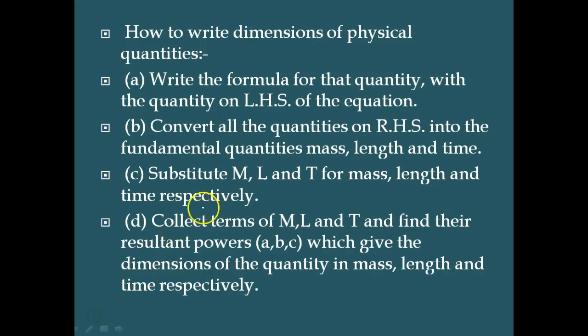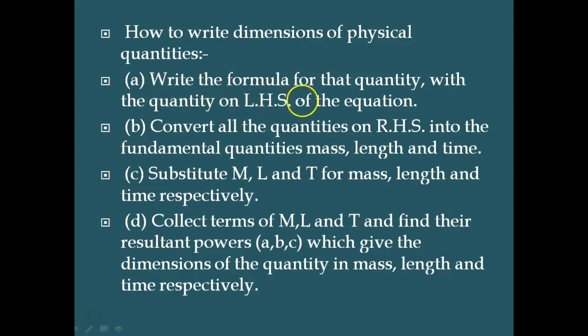Now let us see how to write dimensions of a physical quantity. There are some things that we should consider while writing the dimensions of a physical quantity. What are those? Let us see.